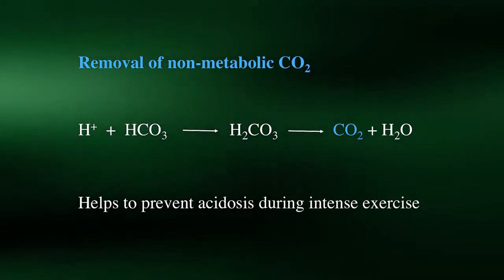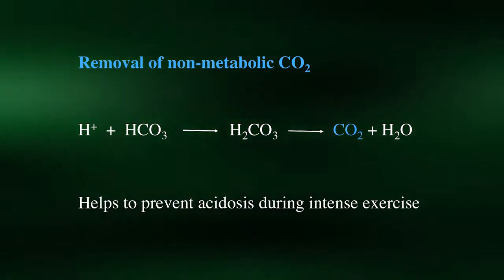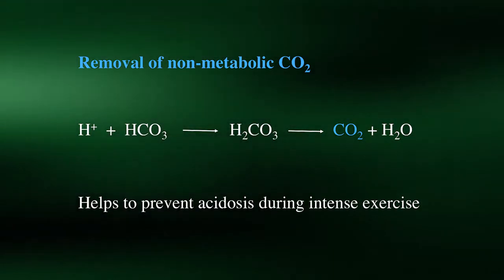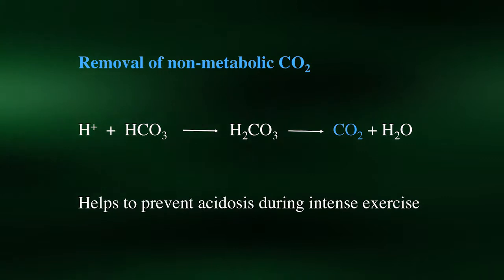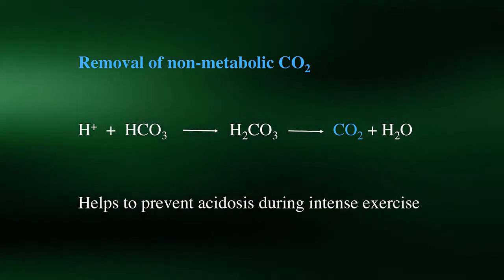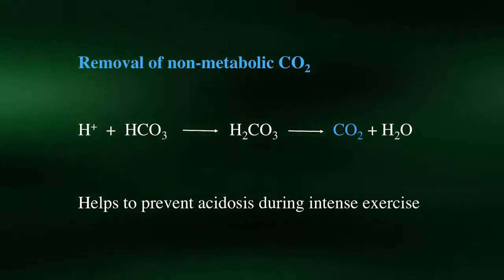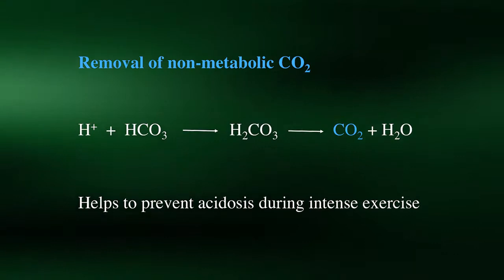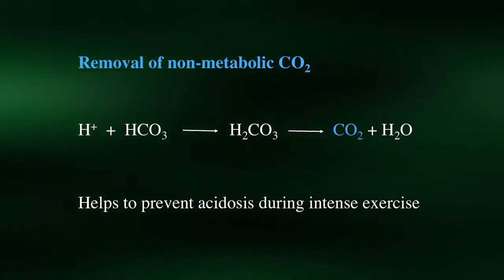To help prevent the muscles and blood from becoming too acidic, the hydrogen ions are buffered by bicarbonate, which is then converted to carbon dioxide. This non-metabolic carbon dioxide is also transported to the lungs for removal. In this way, the respiratory system fulfills its third major role, that of acid-base regulation during exercise.